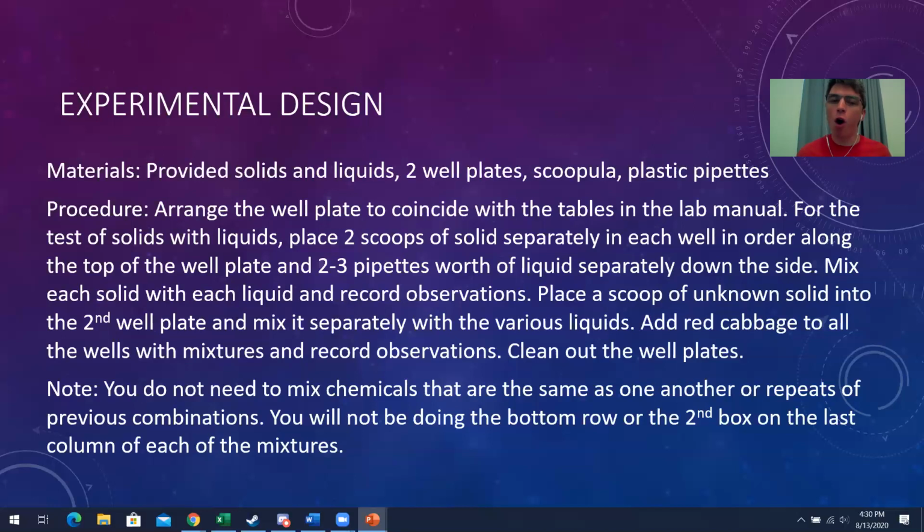And with all of that data, with all of those physical properties, what does it look like originally? All of the mixing properties, all of the colors that it turns with the red cabbage extract, you should at that point be able to conclusively identify your unknown as one of your known solids. And that's everything for this experiment. And you guys can go ahead and watch the experimental videos that'll really get into me doing that, and you'll see all of the data from there.